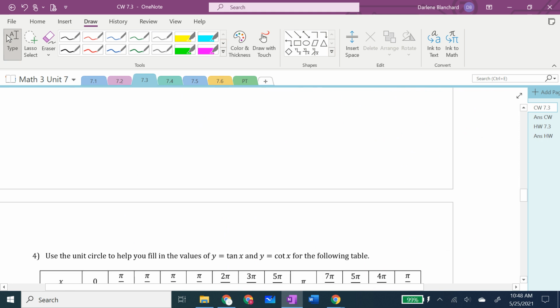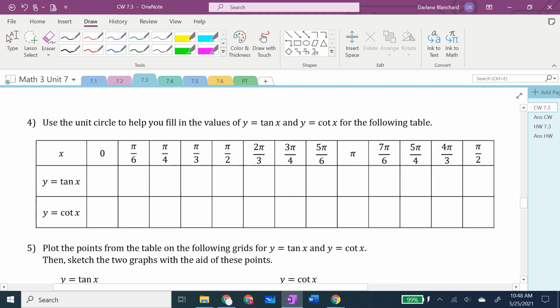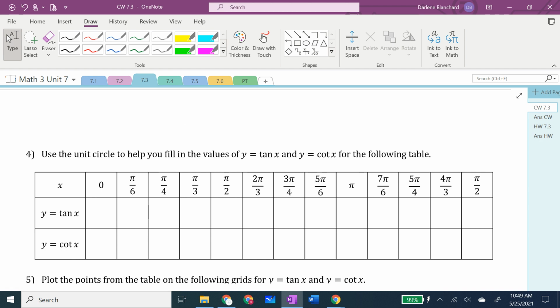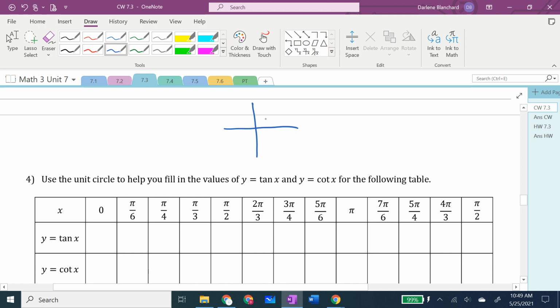Now we have 2 minutes left. With those 2 minutes, let's get started prepping for graphing tangent and cotangent. If you pull out a unit circle, you can take a look at it to help you see what these should be. So I'm just going to draw a quick unit circle.